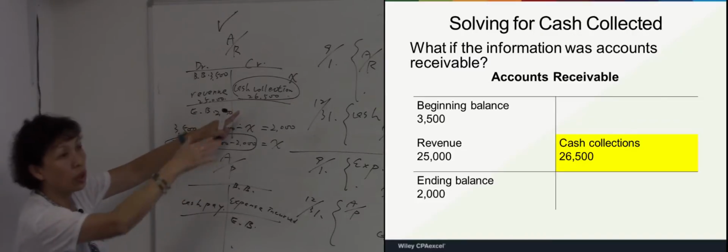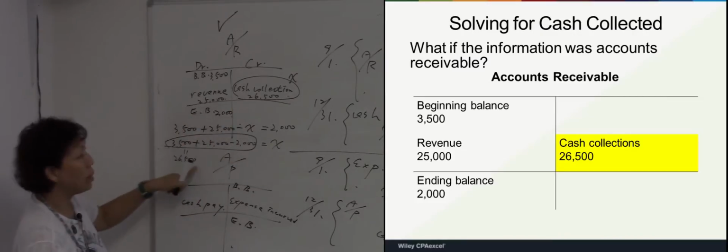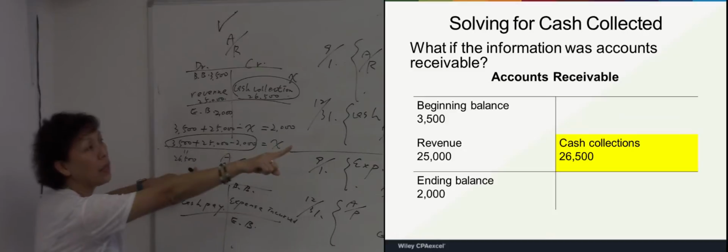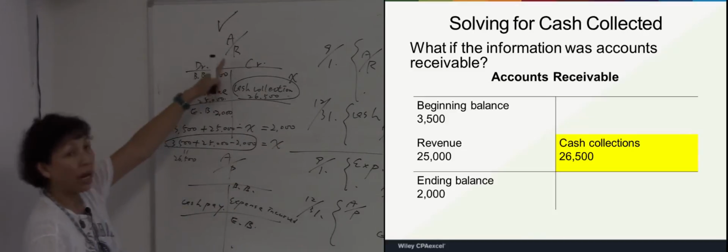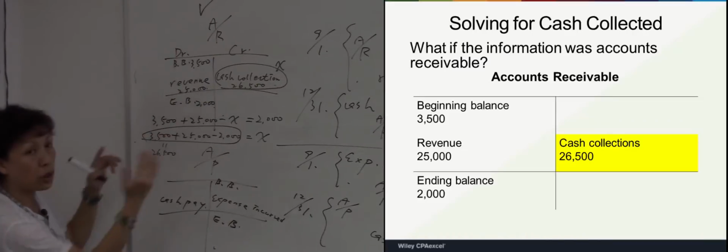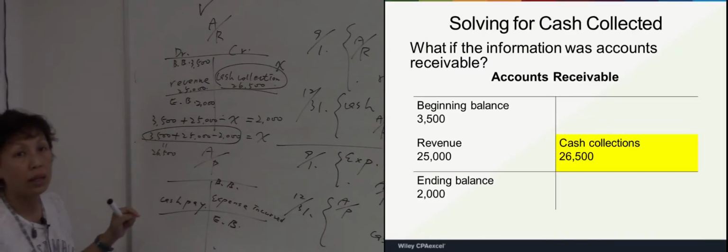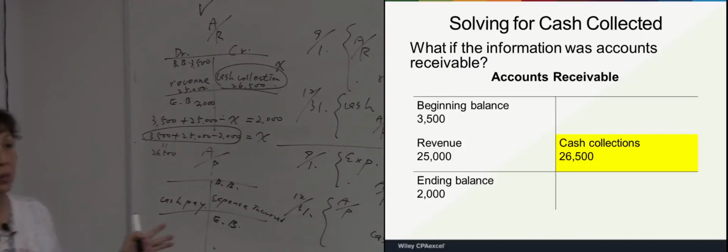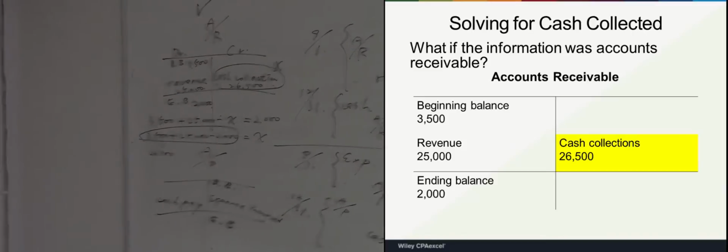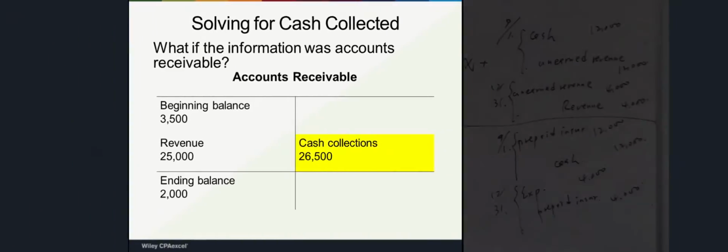Cash collection is recorded on the credit side, same thing. Then how come we get a different amount? Because that's a liability account, where beginning and ending balance are shown on the credit side. This is the asset account, where beginning and ending balance are shown on the debit side. Got it? But the concept you should apply to solve the question is exactly the same. And let's do more examples.